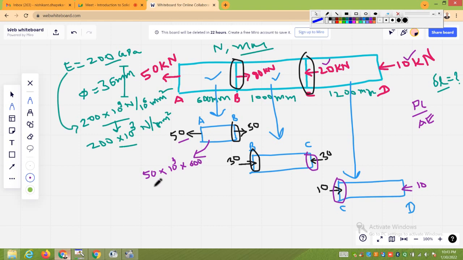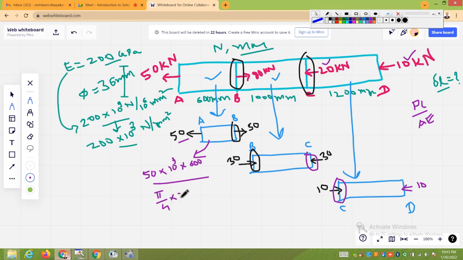divided by area. As the rod is circular in shape, area will be pi by 4 into d square. That is pi by 4 into d square. Remember one thing, you have to see diameter is also in millimeter.